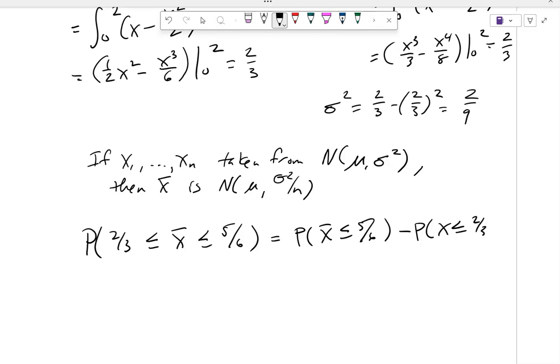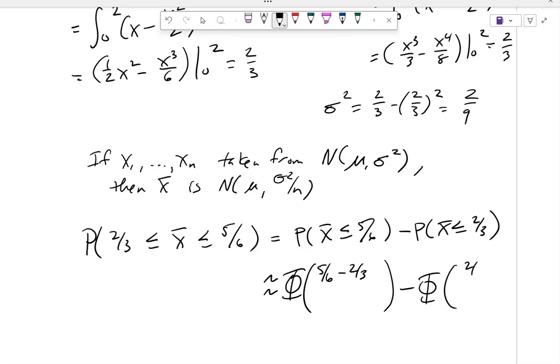This is nothing new. The new part comes in with making a z-score, right? In each case, what are we going to subtract off? 2 thirds. So we'll have 5/6 minus 2 thirds, and 2 thirds minus 2 thirds.